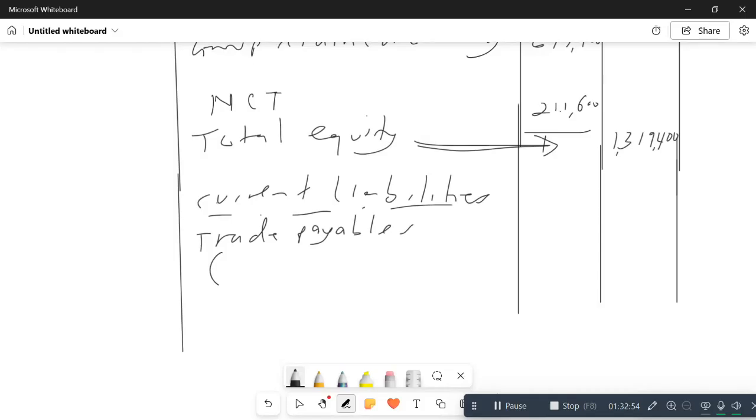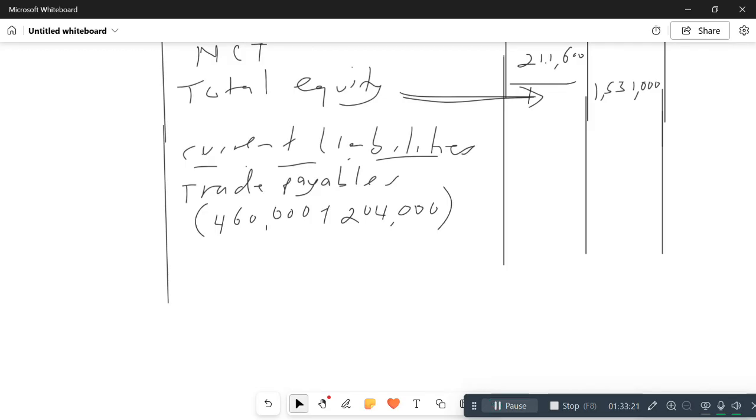So we shall get 460 plus 204,000. When you add trade payables 460 plus 204, we shall get our 664,000.